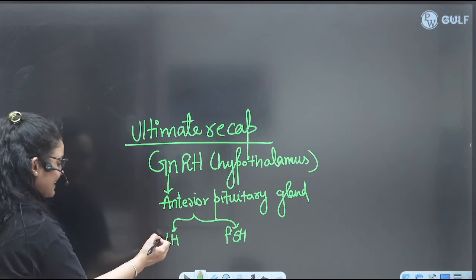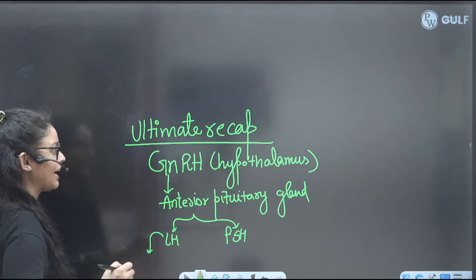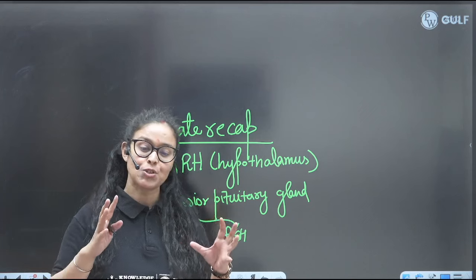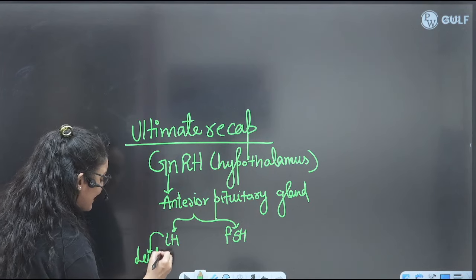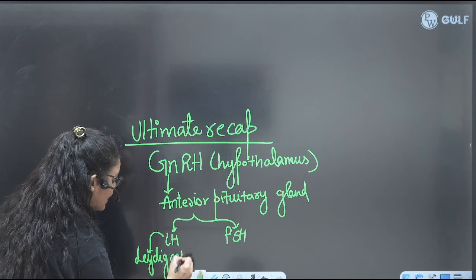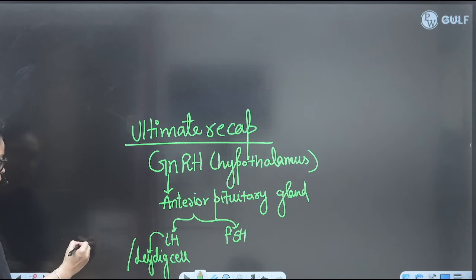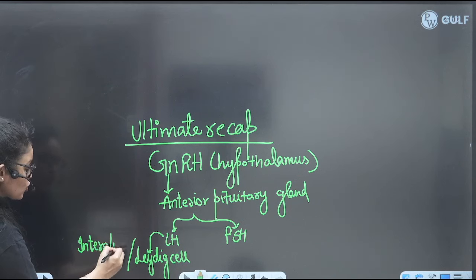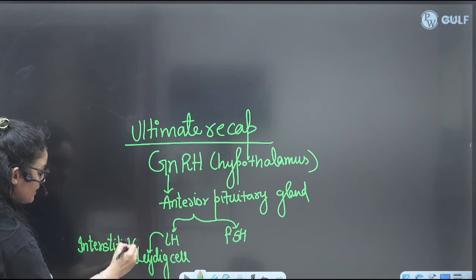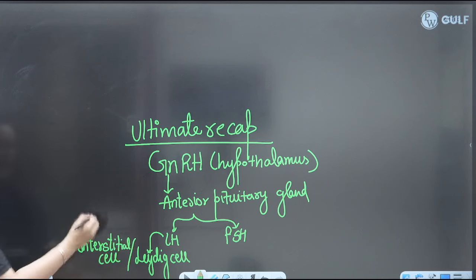Plus, you will be writing that, as I have given you in the ultimate recap, LH will act on the Leydig cell. And what is the purpose of the Leydig cell? Even I have told you that, right? The Leydig cell also has another name, that is interstitial cell. And what is the purpose?